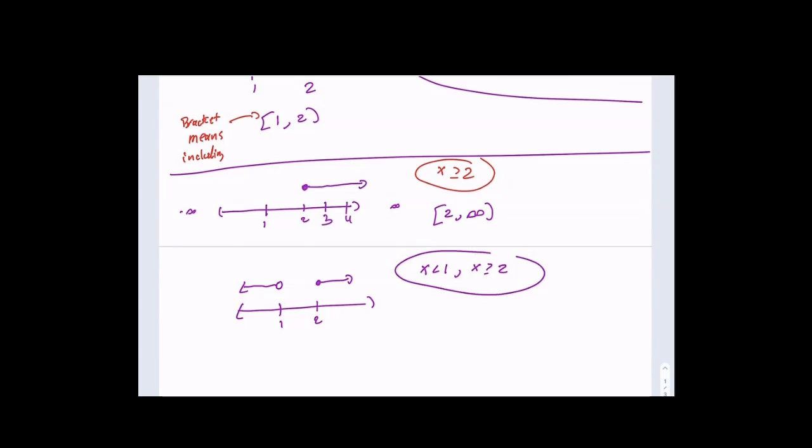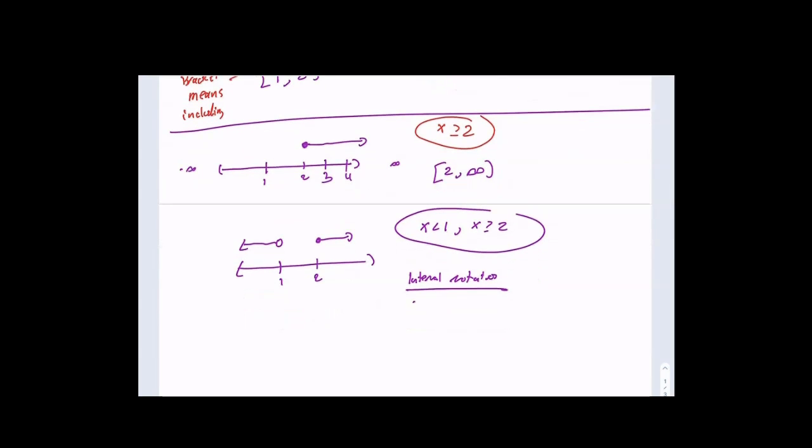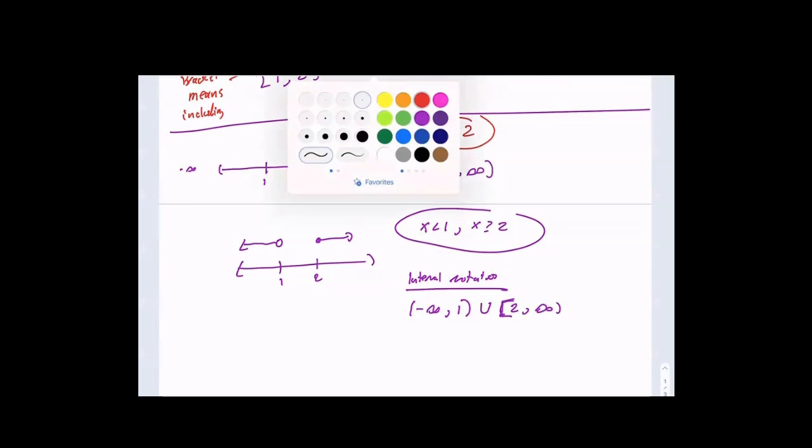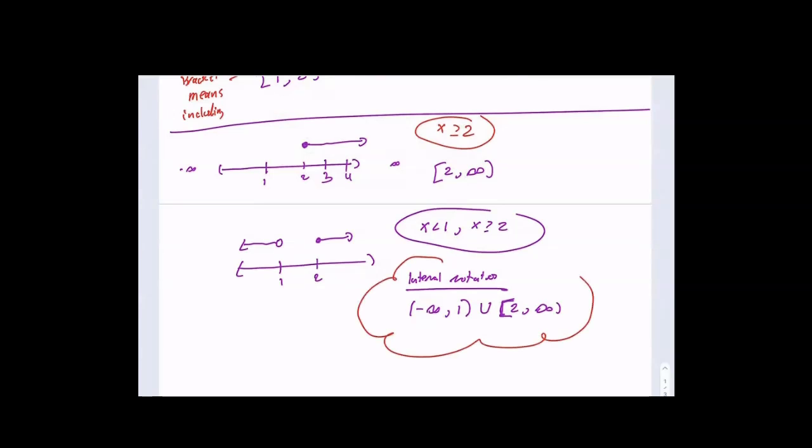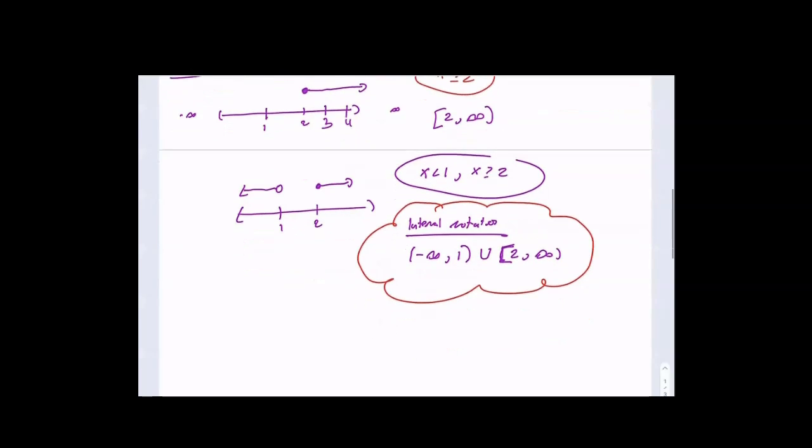But in calculus, in interval notation, which is how we're going to have to do it, we write negative infinity to 1, not including 1, union, bracket, because we are including the value of 2, to infinity. And this is how your answers will look. In most all of the problems, when we're talking about interval answers, we have them like this.